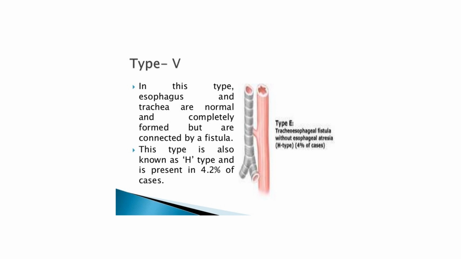Now type 5, type V, is also called H type tracheoesophageal fistula, where the esophagus is abnormally connected with the trachea, though it is formed properly.